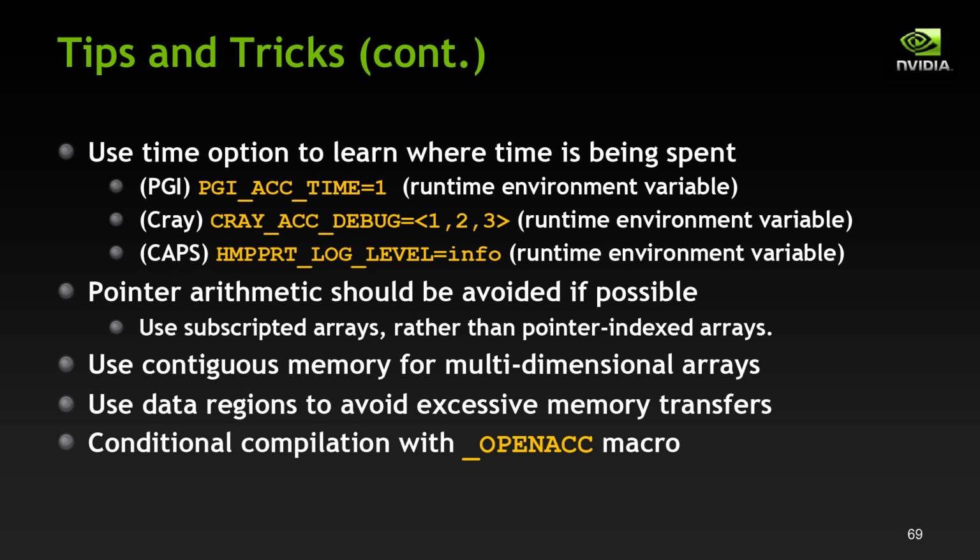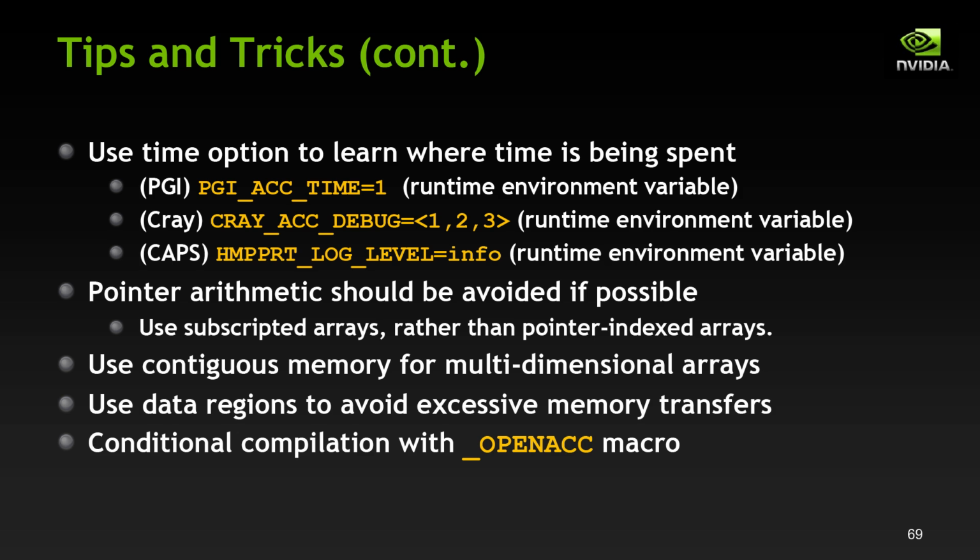Now, this is much easier, I acknowledge, in Fortran than in C, but one bulk transfer will always do better than n smaller transfers. Always use the data regions to represent when to move data around. So those of you who have already done GPU programming are familiar with the fact that we want to eliminate the PCI Express copies as much as possible.